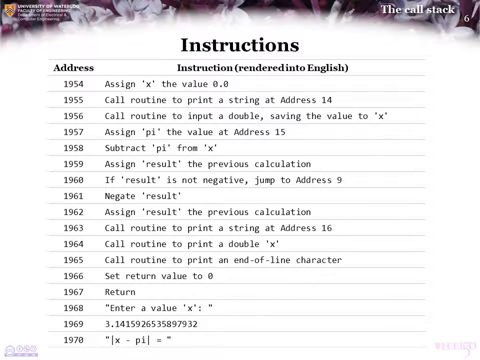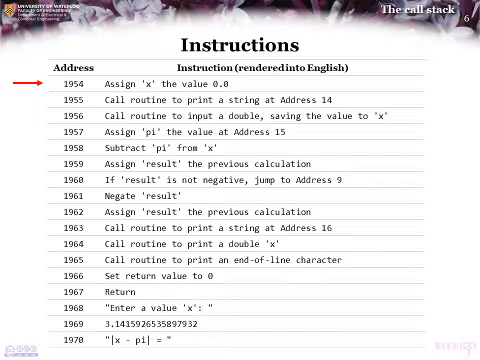So suppose we compiled that previous program and stored it on the hard drive. In the hard drive, every single instruction is located somewhere else, and each has its own address. This program is located starting at address 1954. The first instruction says to assign x the value of 0.